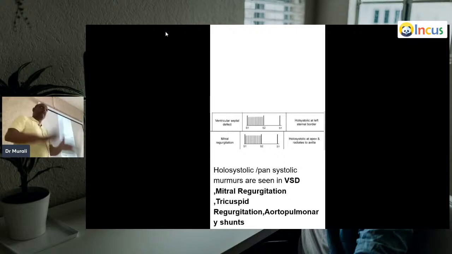S1 is buried, S2 is buried. VSD, mitral regurgitation, tricuspid regurgitation: in all these scenarios, the auscultatory phenomenon is happening throughout systole for the obstruction to flow. That's the reason these are the classical examples of pan-systolic murmur.